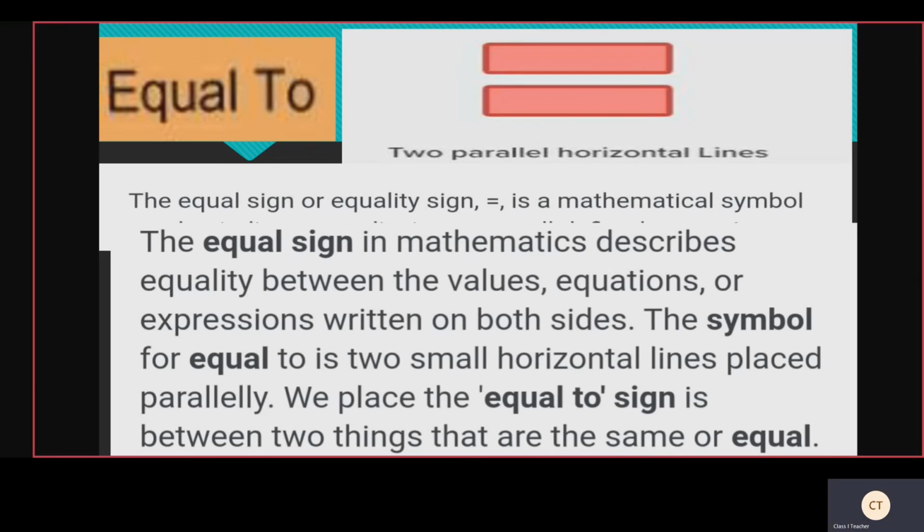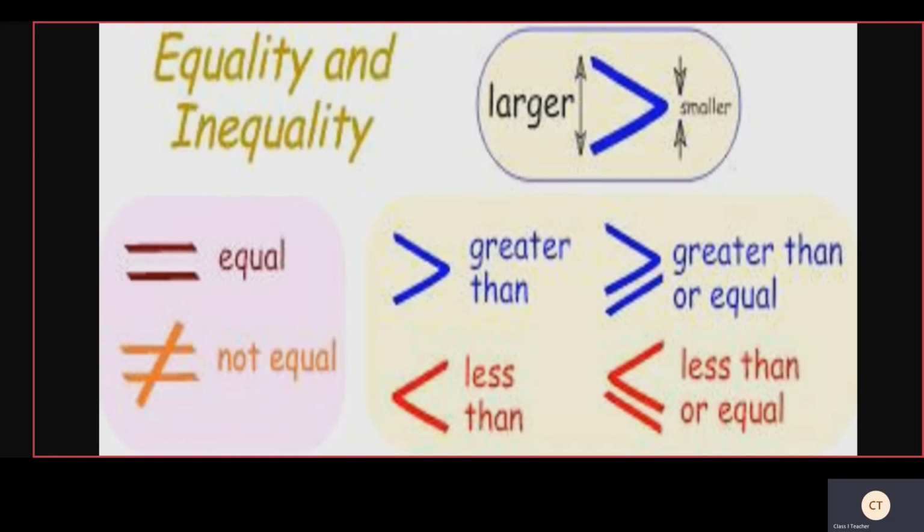Now, let us see, children, here. Equality and inequality. Here are the symbols, children. First one, equal. Equal to.